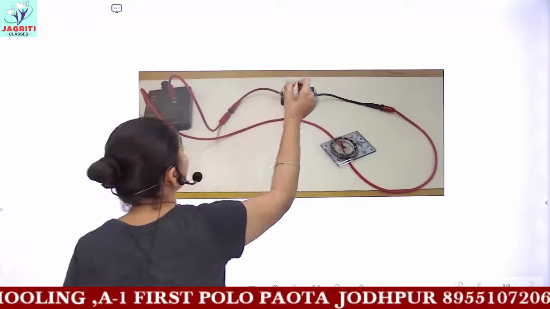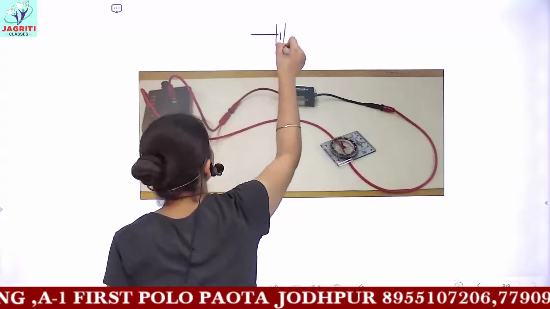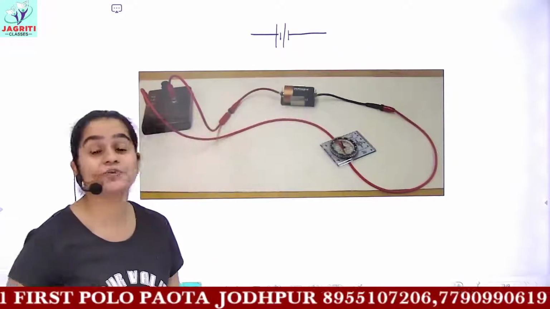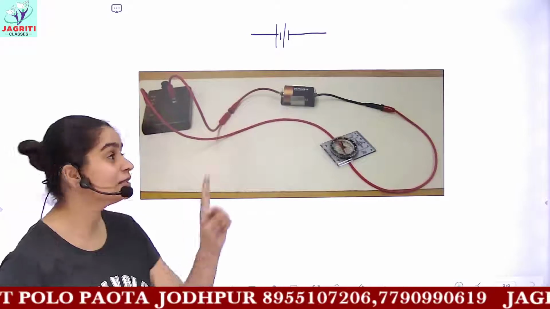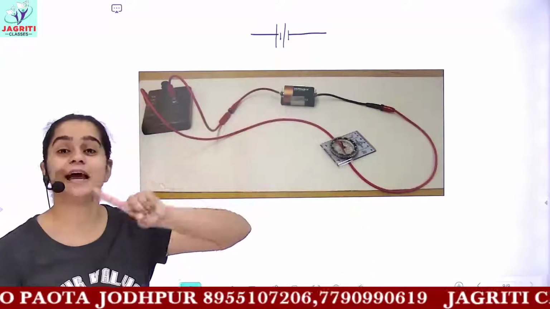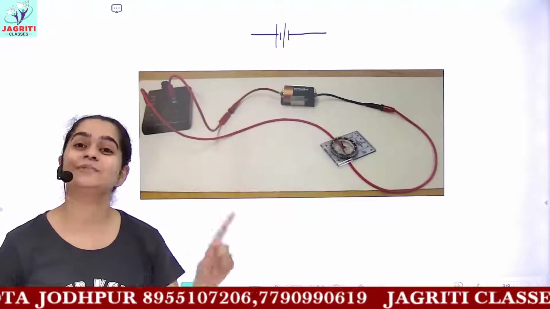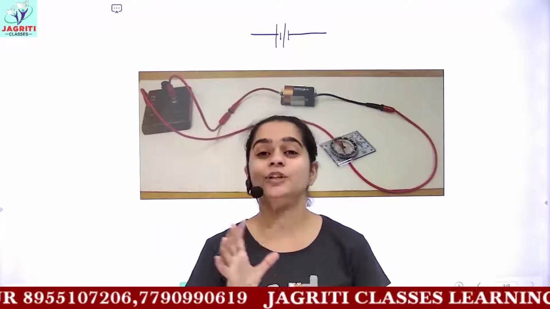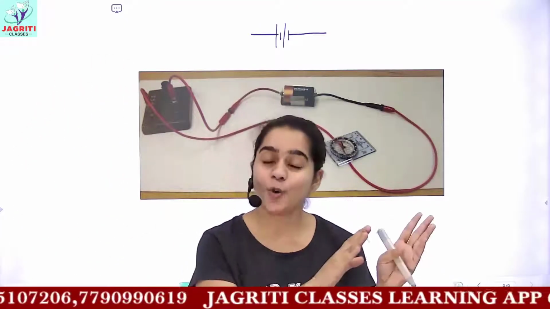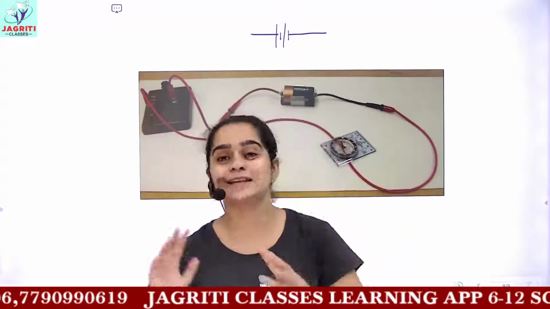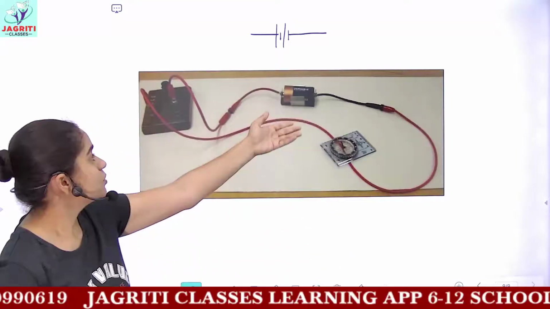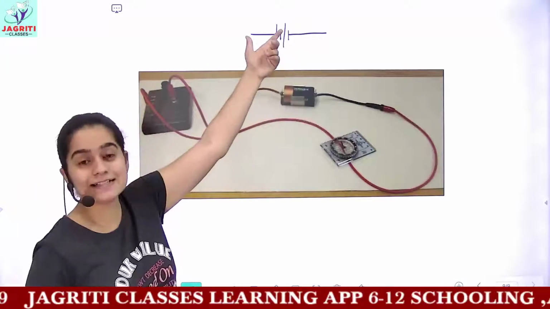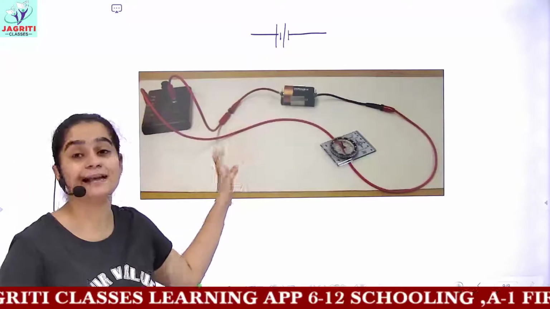That is, instead of the battery, you will be drawing the symbol of a battery. We studied all the symbols of the circuit components in our previous chapter, Electricity. A table I have shown you is given in your books, with the different components used in a circuit and their symbols. So for a battery you will be drawing this kind of symbol.